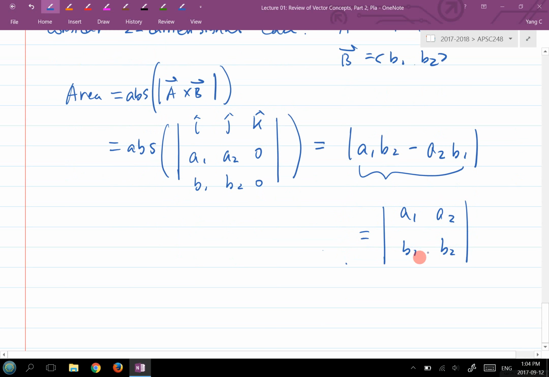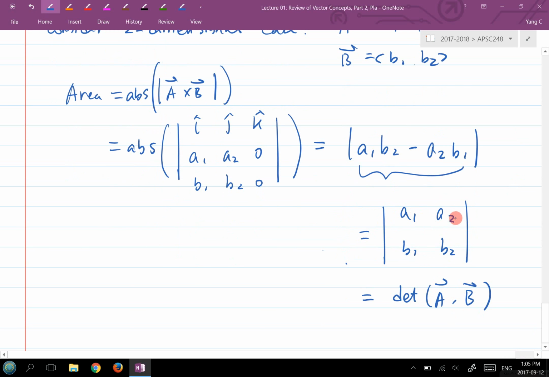This is a 2 by 2 matrix determinant. In this case I can shorten it: the first row is the vector A and the second row is the vector B. If I write determinant bracket A, B, it basically means we organize them into a matrix.